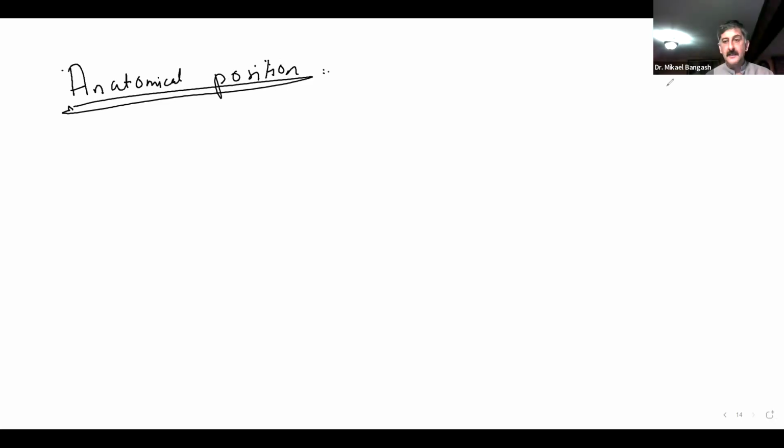Primarily because, guys, whenever we discuss the anatomy of the body, you have to just assume that the body is placed in this standard fixed position that is going to be named the anatomical position.